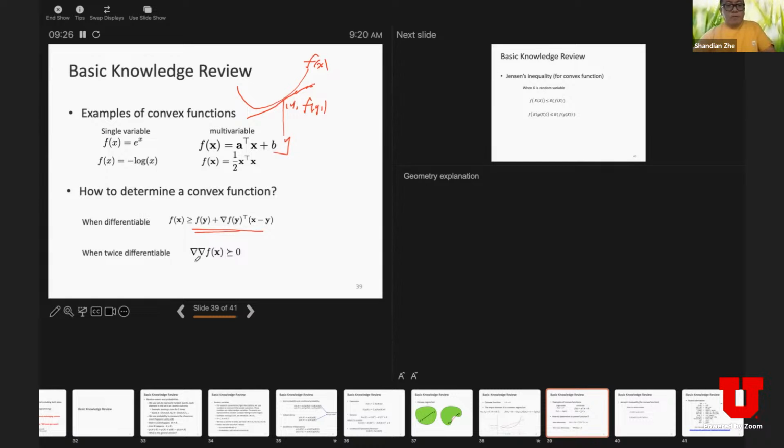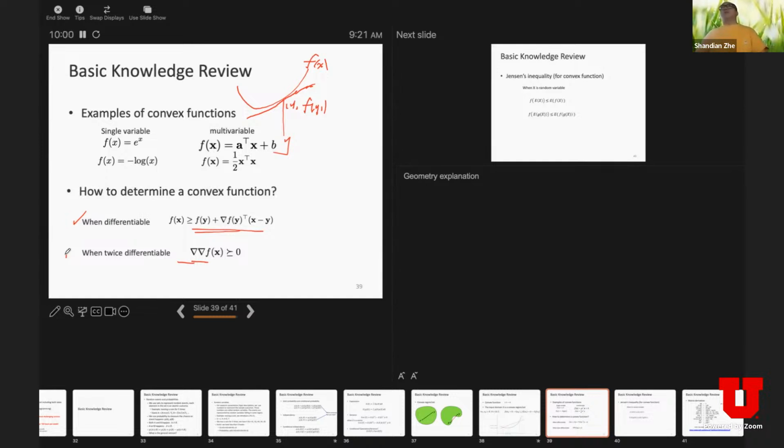So if f of x is twice differentiable, and you can show that the Hessian of f of x, which is a Hessian matrix, is positive semi-definite, then we can claim that f of x is convex as well. So you can pick either condition here. To test if a function f of x is convex or not, you just need to test if one condition is satisfied.